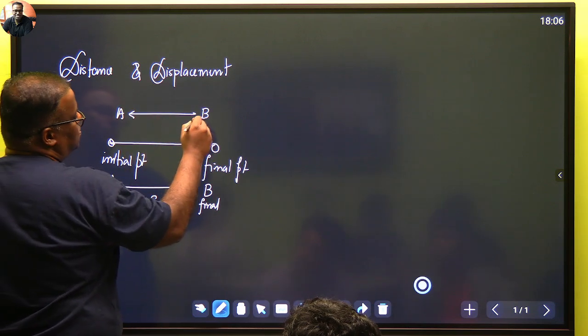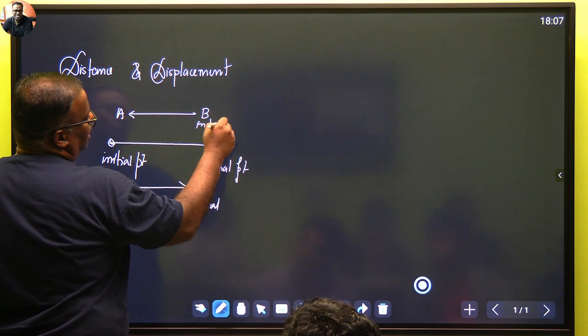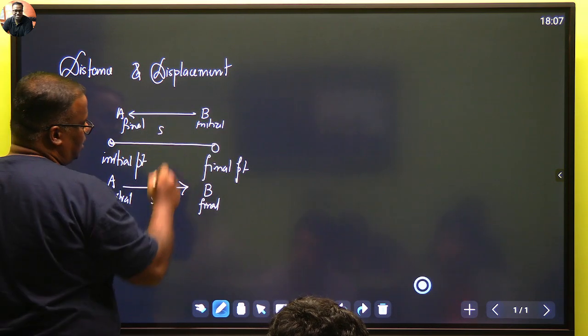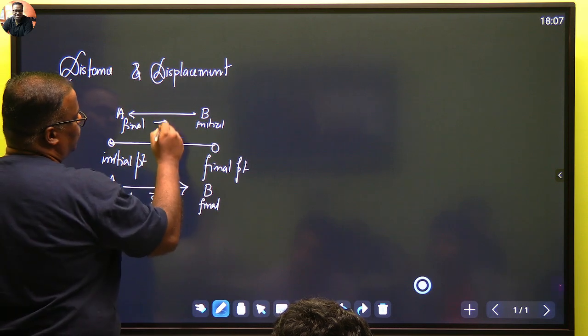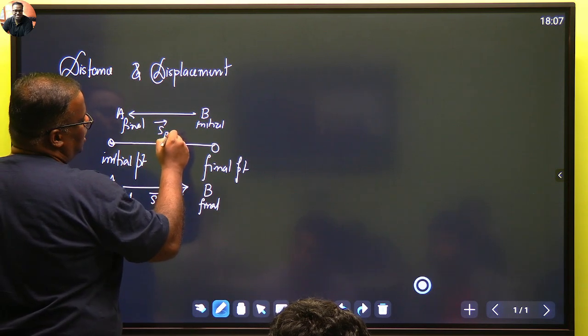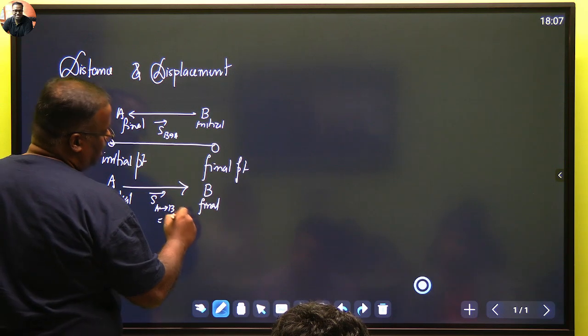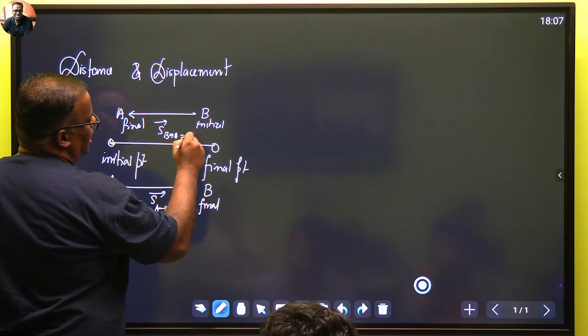In this case B becomes my initial and A becomes my final. This is a vector quantity. I write it as SAB, and I write this vector as SBA.